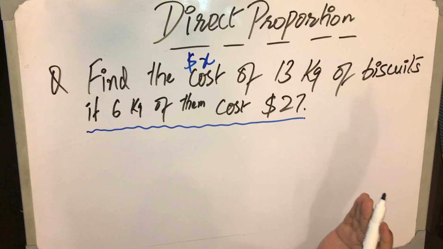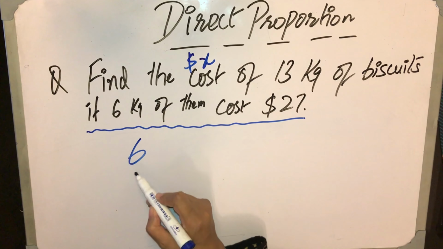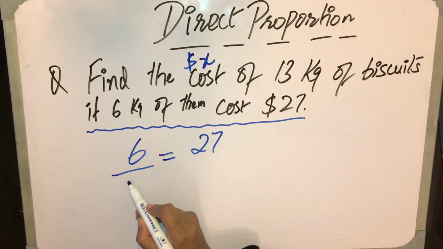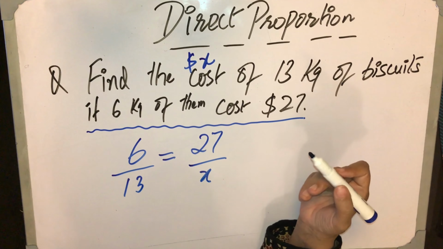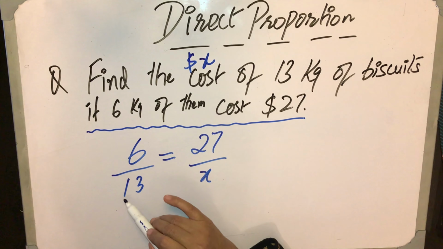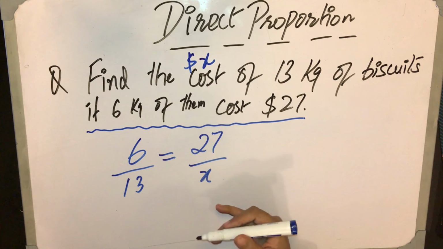Now we can make two types of proportions. If I write 6 kg cost 27, then 13 kg cost X. Notice how I have written it: if 6 kg cost $27, then 13 kg, 13 below 6, and the cost of 13 below 27.